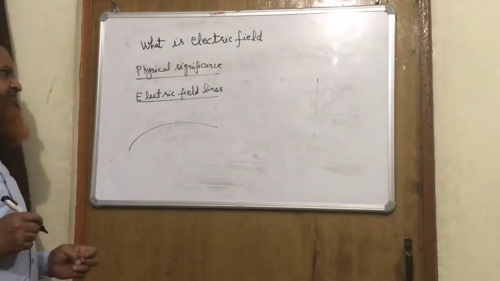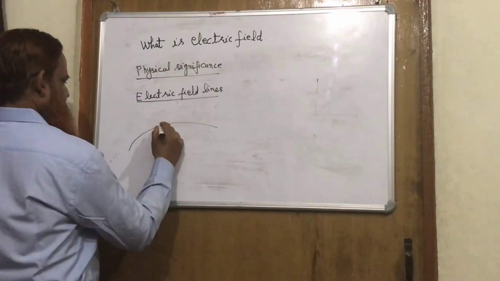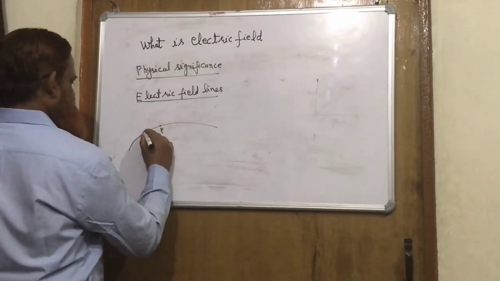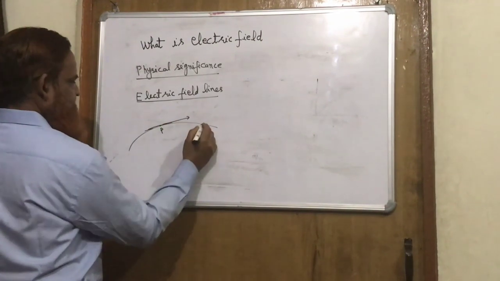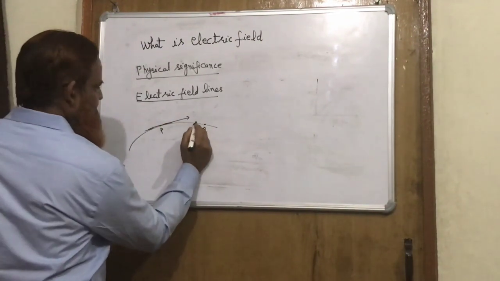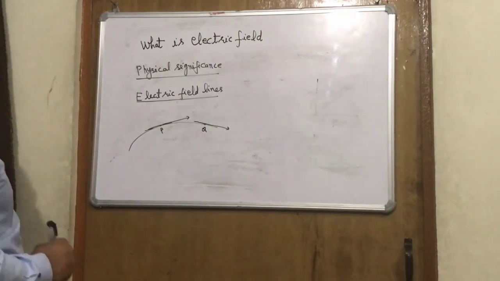Electric field lines can be curved or straight. If we want to find the direction at P, then the tangent is the direction of electric field at this point. At Q, again we draw a tangent, and it will be the direction of electric field at Q.